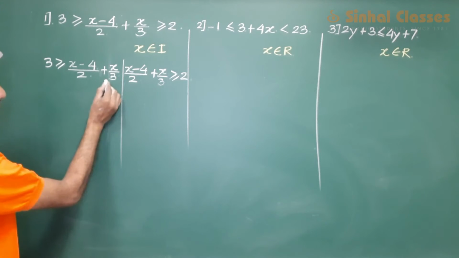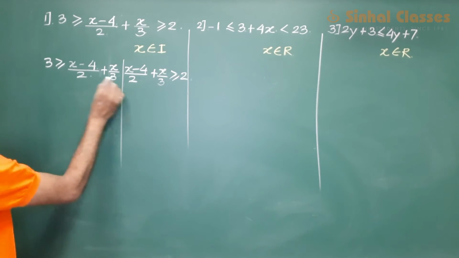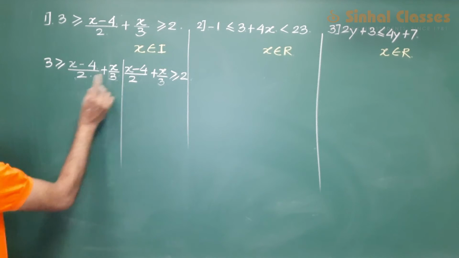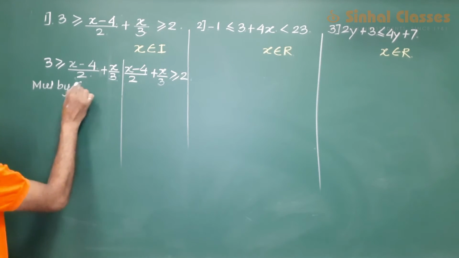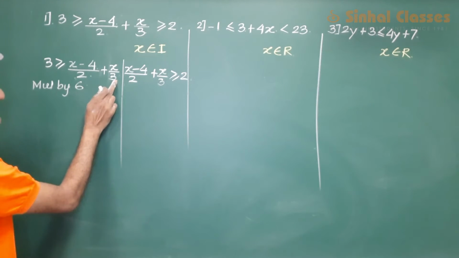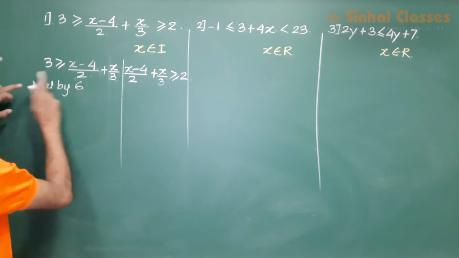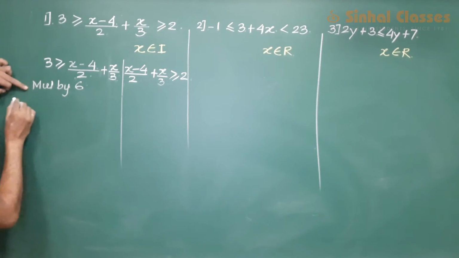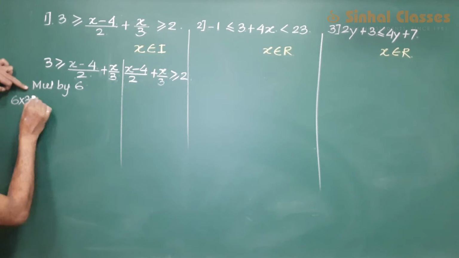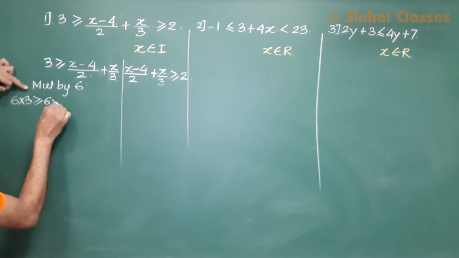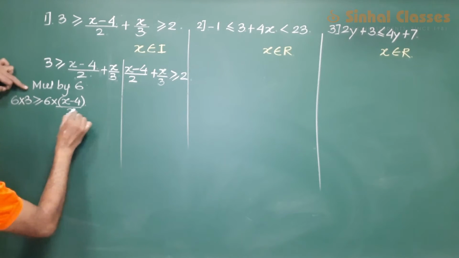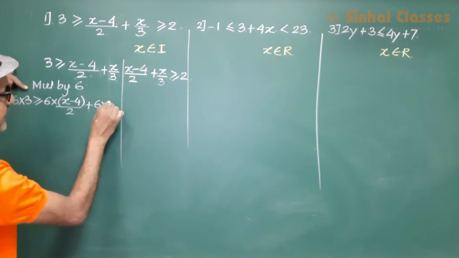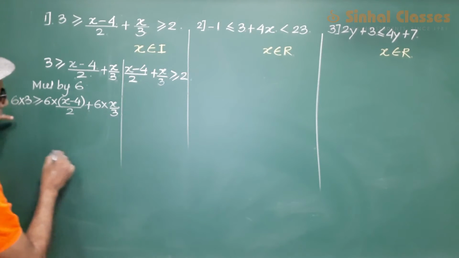There are denominators 2 and 3. First of all we remove the denominators. To remove the denominators we multiply by 6, as the LCM of 3 and 2 is 6. So we multiply the entire inequation by 6 and we get 6 into 3 is greater than or equal to 6 into (x minus 4) upon 2 plus 6 into x upon 3.